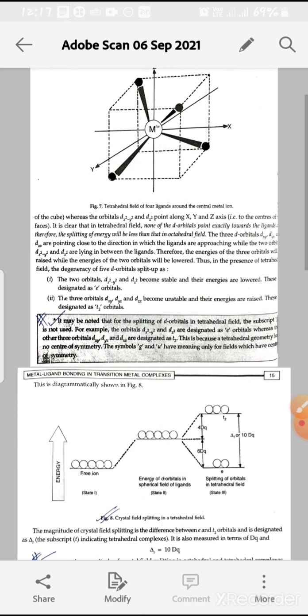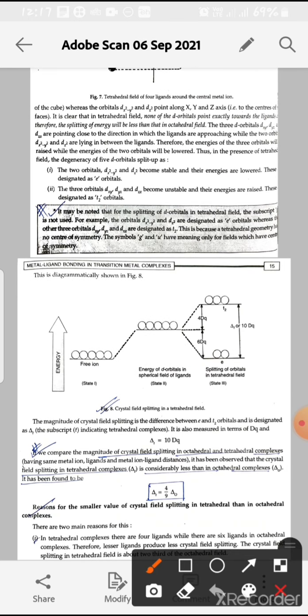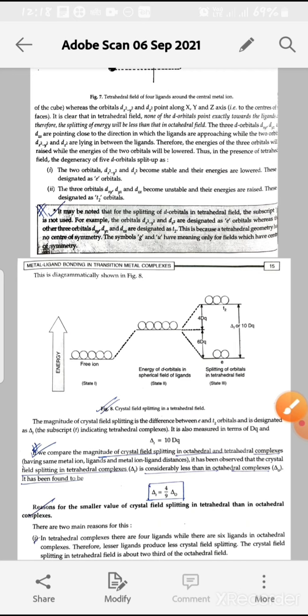So there will be splitting of the d orbitals into 2 sets. One contains 3 orbitals, the other contains 2 orbitals. The 3 orbitals dxy, dyz, and dzx have high energy, and the 2 orbitals dx square minus y square and dz square have lower energy. The 3-orbital set is represented as T2, whereas the 2-orbital set is represented by E.